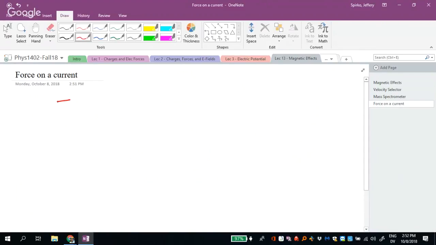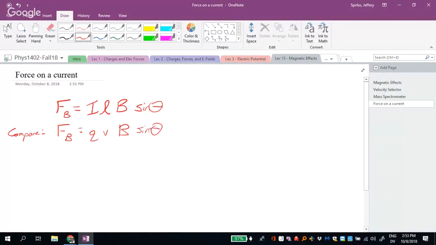So this is F sub B is equal to I times the length times B times sine theta. In this case, it looks very similar to the previous formula. Compare F sub B is equal to qvB sine theta.